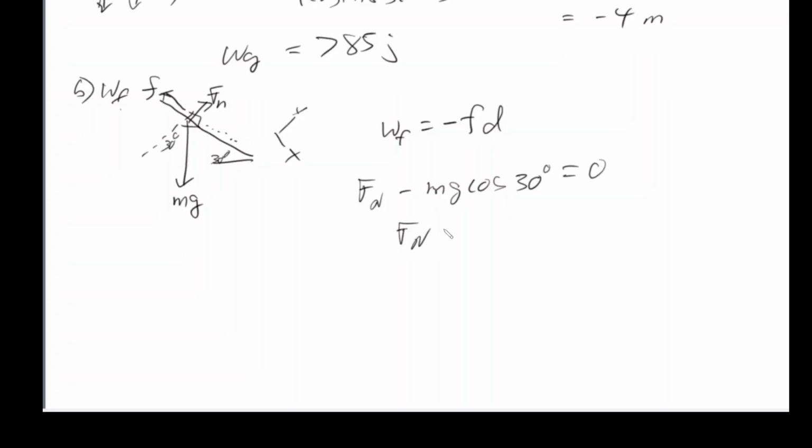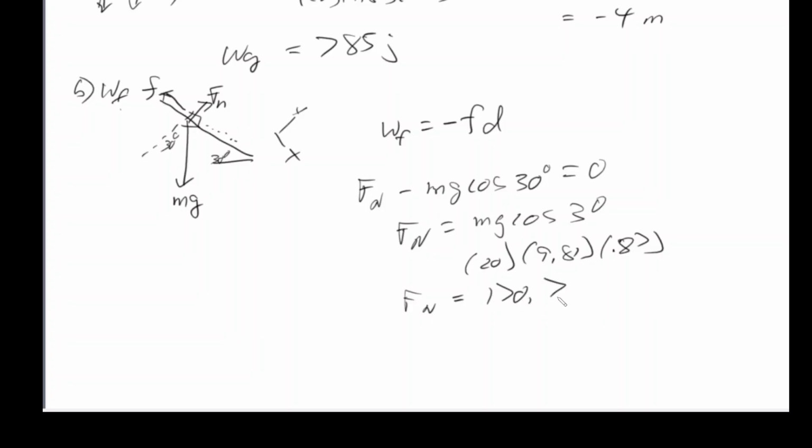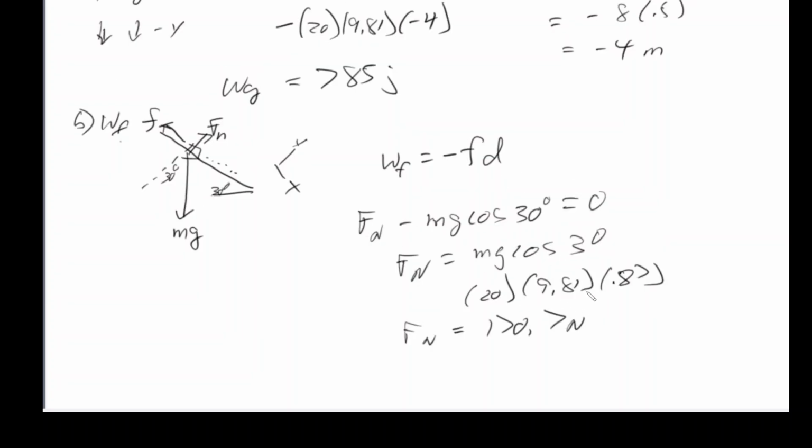So that gives us Fn equals mg cosine 30 degrees, and if we substitute in the values, we get 20 times 9.81 times 0.87, or normal force is equal to 170.7 newtons.